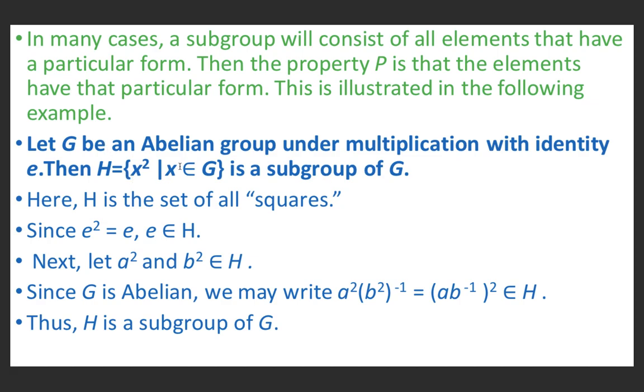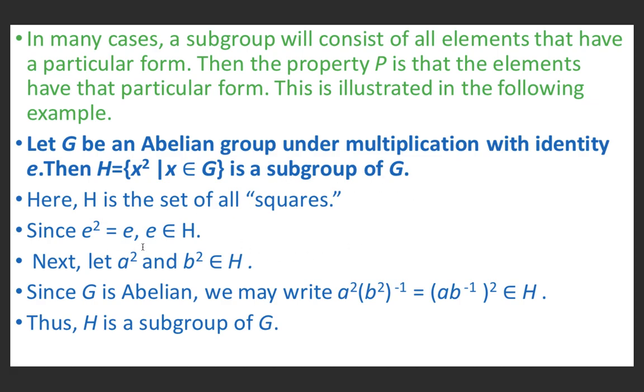It means H is the set of all squares of the elements of G. So here the property P is that the elements have the particular form. So we have identified the condition. The particular form means that H is the set of squares of elements of G.